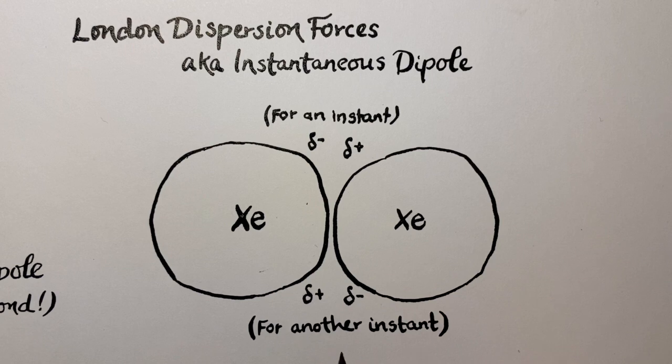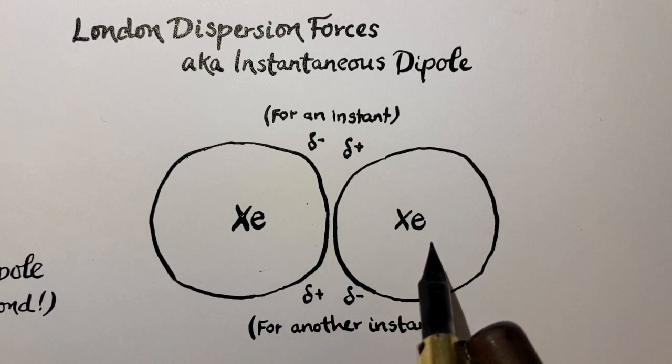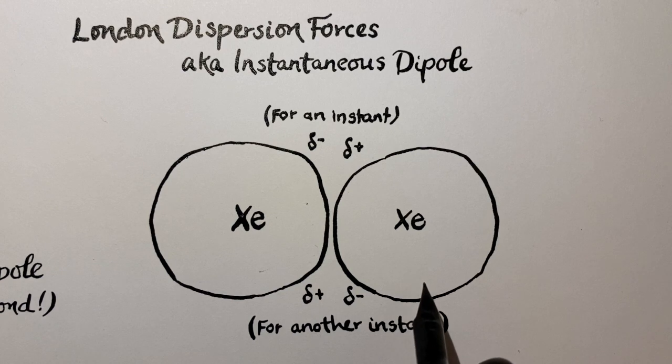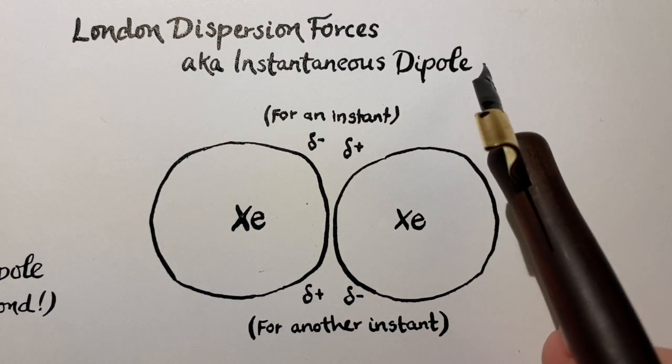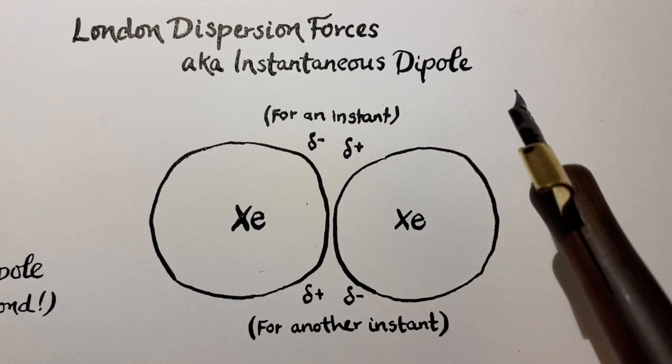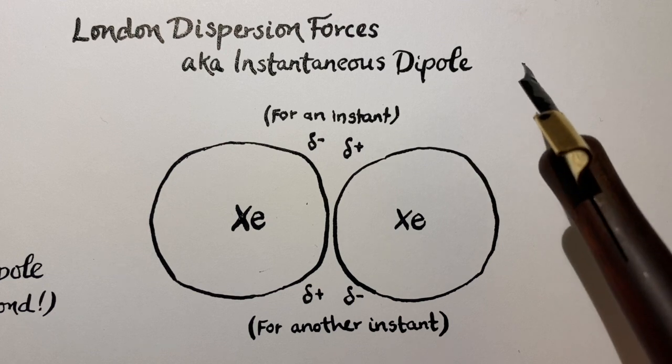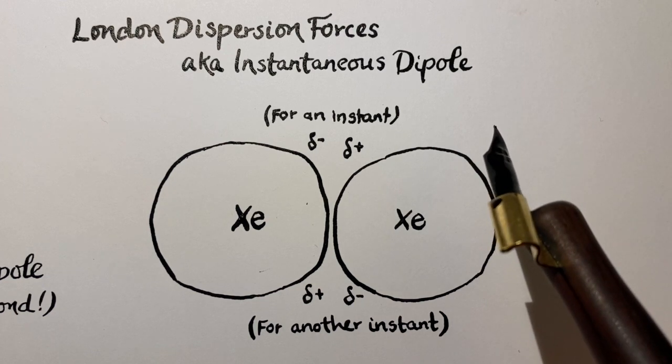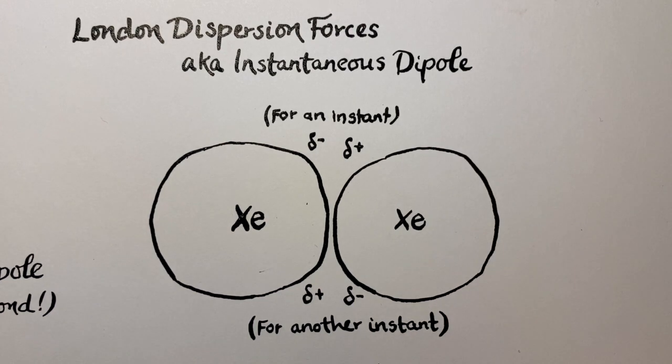So this is very commonly seen with atoms or molecules that are non-polar, but it also happens with polar molecules as well. It's just that with dipole-dipole or ion-dipole, the dominant forces are the dipole interactions.